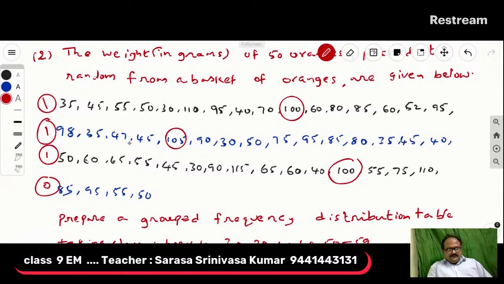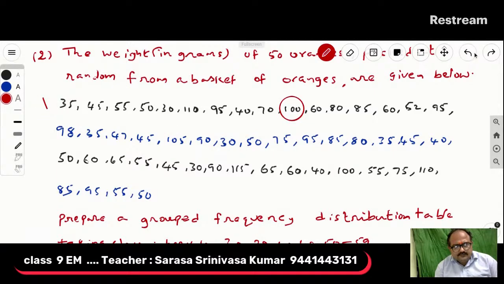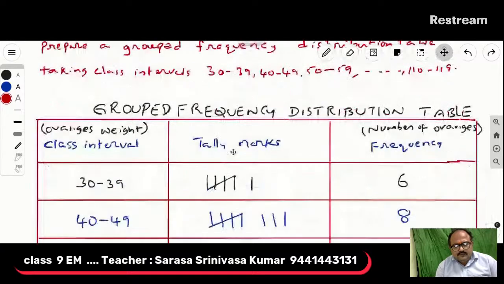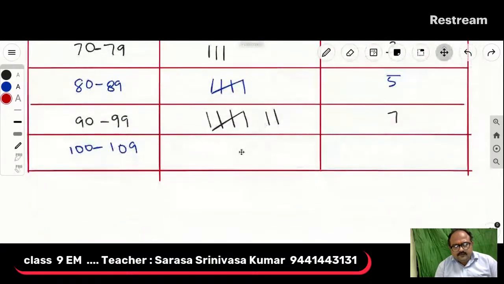The number of oranges is 3. So we write the frequency is 3. Now we write the tally marks 1, 2, 3.